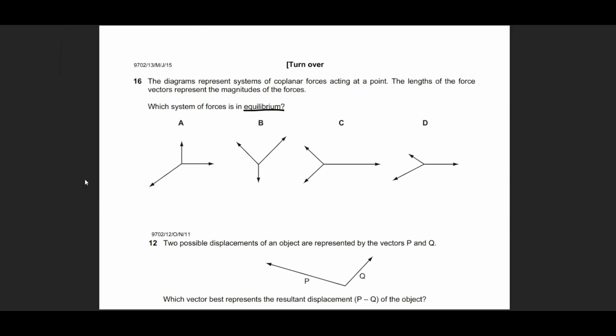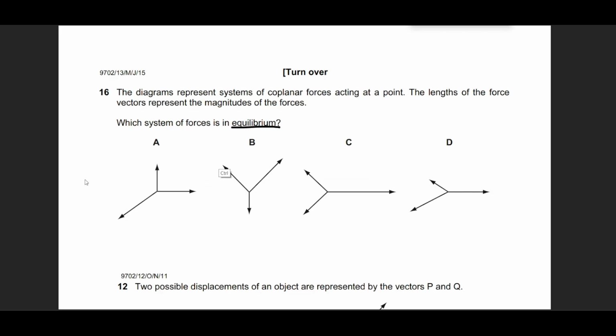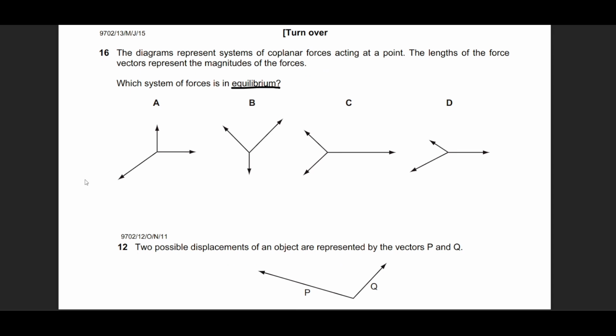So I can use the head to tail method, and I can replace this vector. Let me zoom in a bit for this. You can see the large images. If I move this vector to this position, it's going to look something like this, right? And then by the head to tail method, I have involved this one, so I'm not going to think about this one. I'm going to think about this one now. If I join it downwards, exactly the same way, you can see that the length of this vector is not as long as this one.